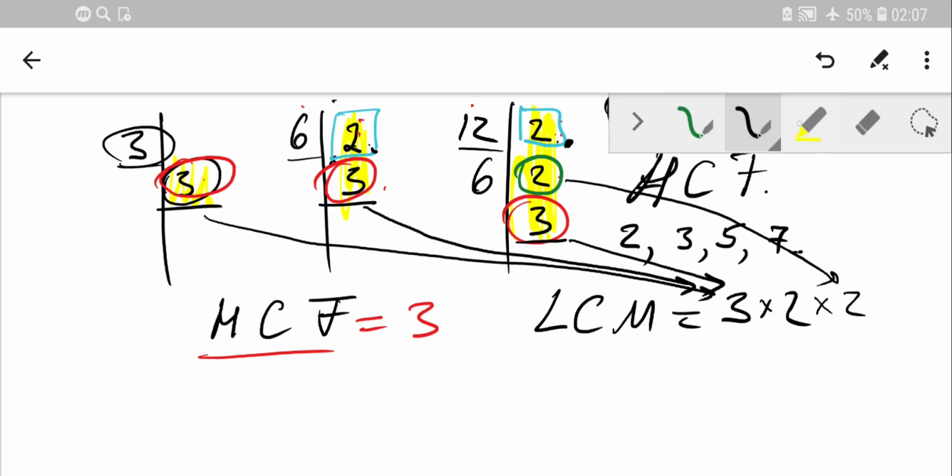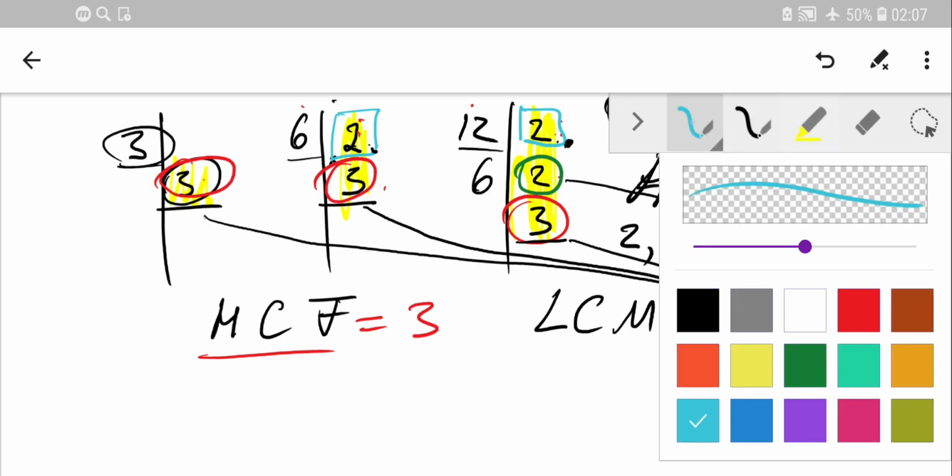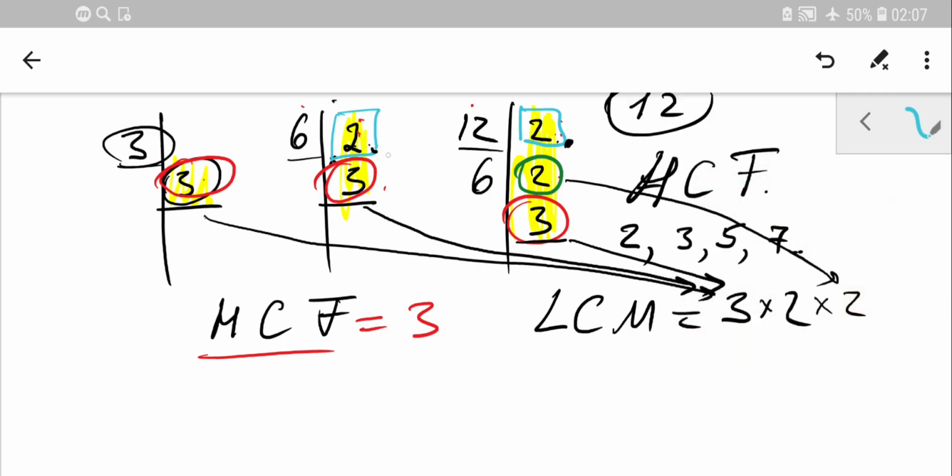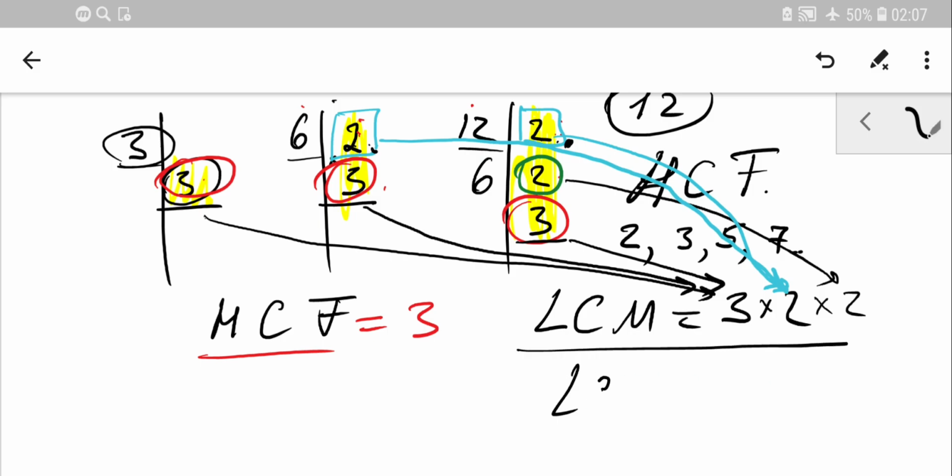I put it, say, blue lines in order to differ them. So 2 from here and from here, but you take into account just one time. All right, so what we've got is that LCM is 3 by 2, 6, and by 2 is 12.